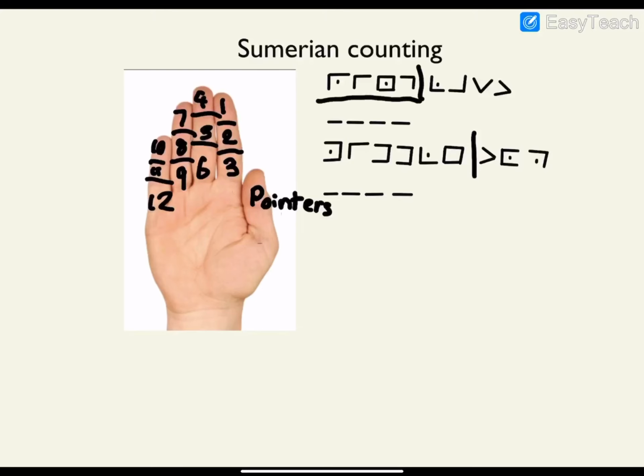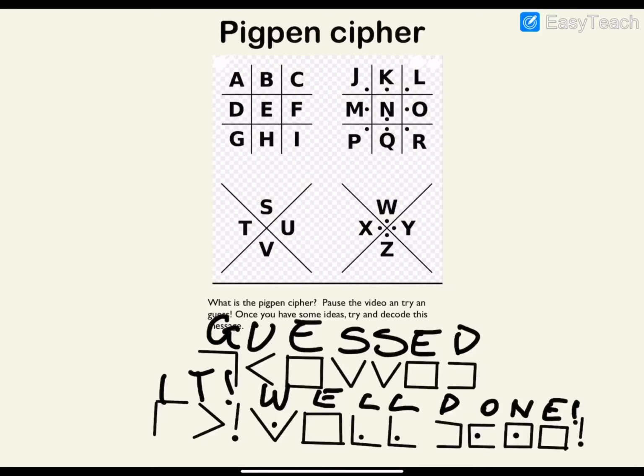Now let's decipher this one first. If we go back here, from what I remember, we had something that looks like this. So we had an R. Then we had something that looks like this.